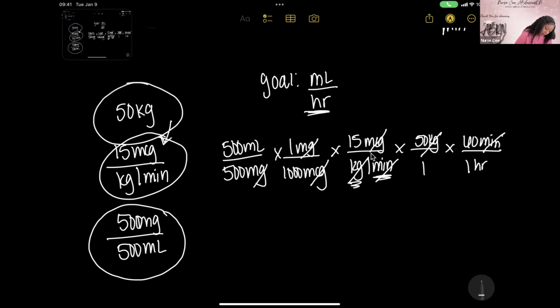Minutes crosses out and I am at my goal. And now I can do the math. Okay, so we'll do 500 times 15 times 50 times 60 divided by 500 divided by 1,000. And our answer will be 45 milliliters per hour.